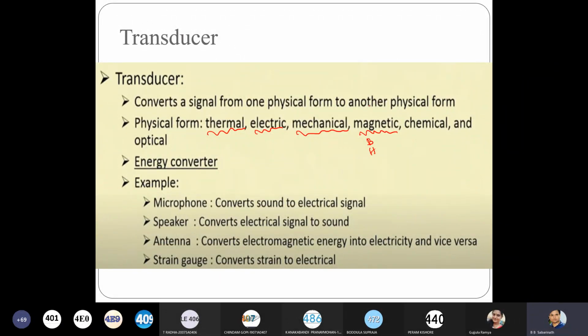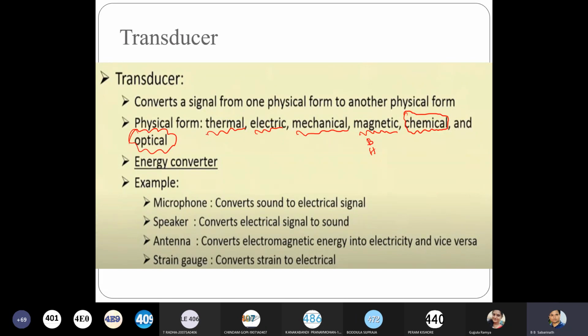Many parameters belong to the magnetic field. You can also have chemical, different chemicals, or optical. So these are all the physical forms.